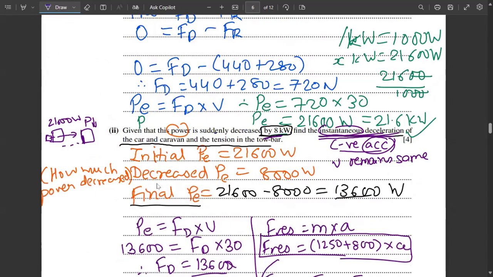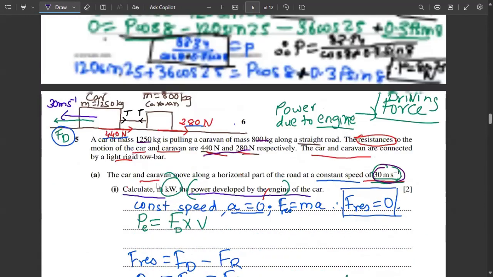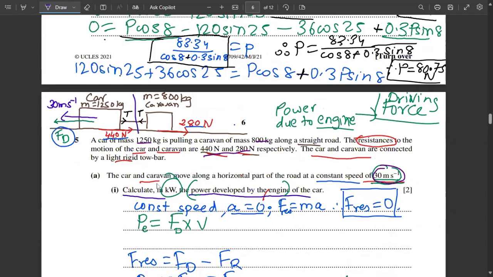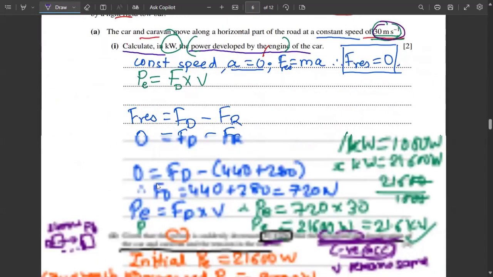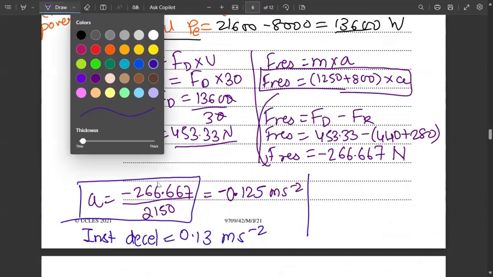Now we have to find the tension in the tow bar. How do we find the tension in the tow bar? Now let's only take one caravan. We can even do it with a car, but let's do it with a caravan. Why? Because I want to. So this is the caravan.